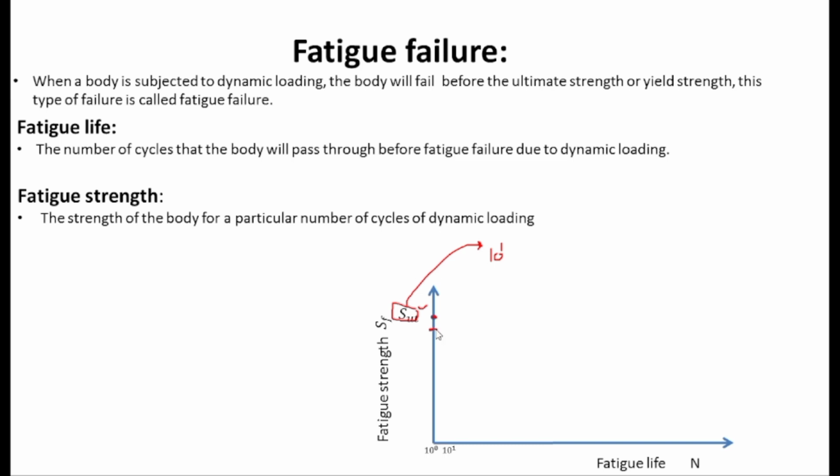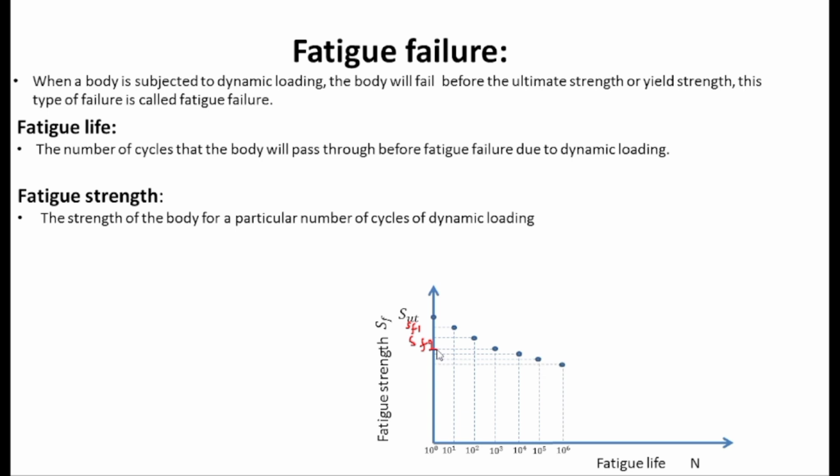So for 10 raised to the power 1, this will be the strength, and I represent this strength with SF1. And for 10 raised to the power 2, the fatigue strength is SF2, and so on. The fatigue strength of the body will decrease this way.